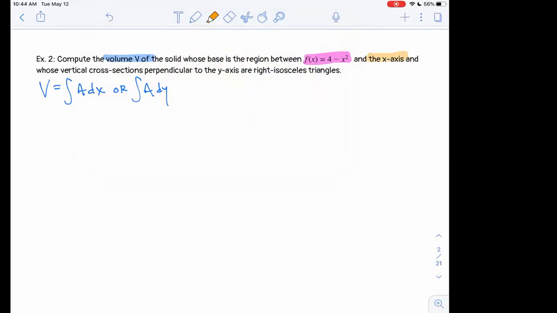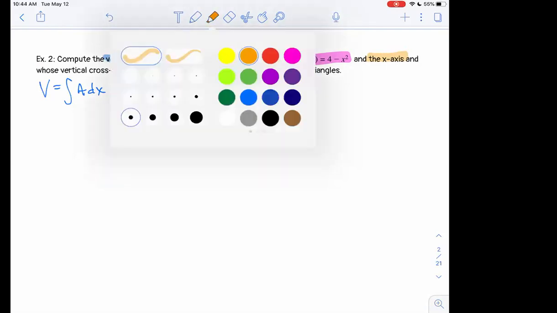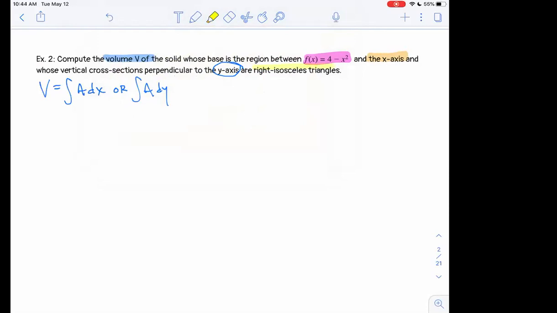Now, these cross sections are going to be perpendicular to the y-axis. And these are not squares like in example number 1, but they are going to be right isosceles triangles.